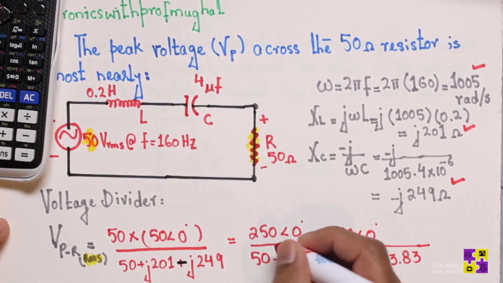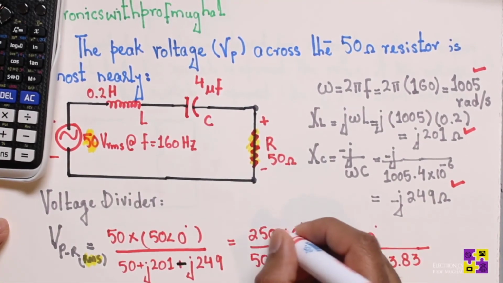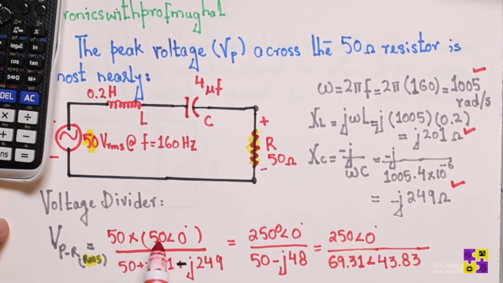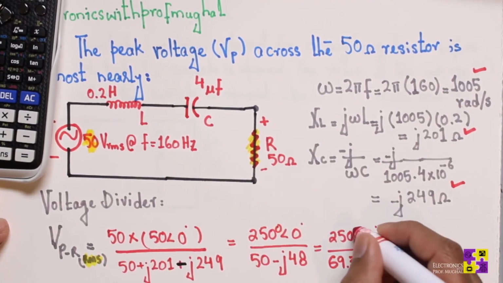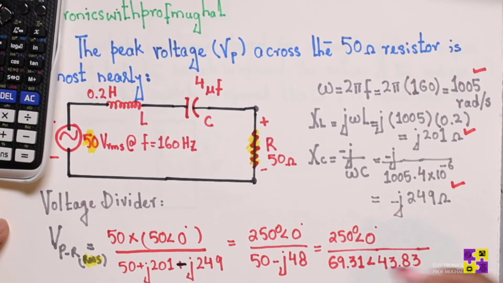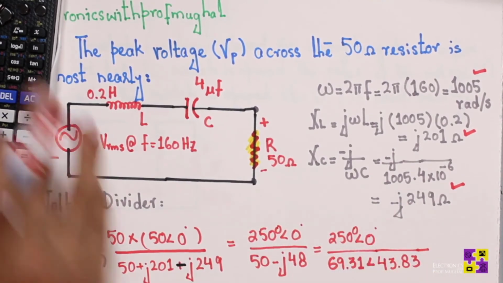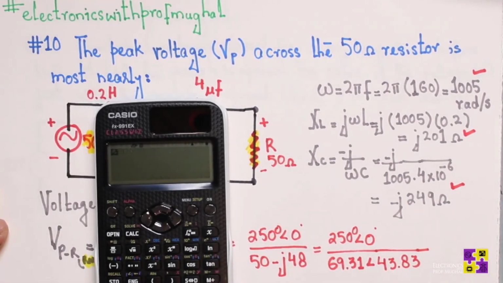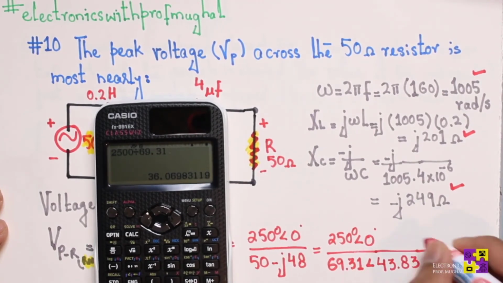I just realized that I am missing a 0 here, because 50 times 50 is 2500, not 250. So 2500 here, and then if I divide 2500 by 69.31, I get 36.07.